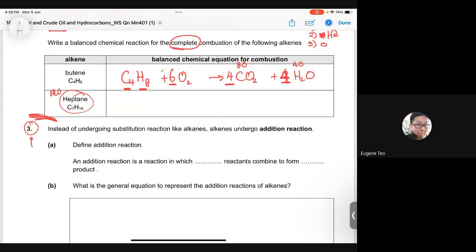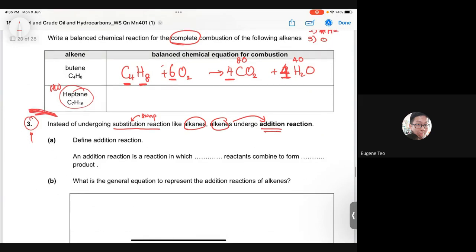Okay, so we know that alkanes undergo substitution reaction, where the atoms do a swap. So substitution reaction is like a swap of atoms between molecules. For alkenes, they undergo addition reaction. The word addition reaction means obviously to add in.